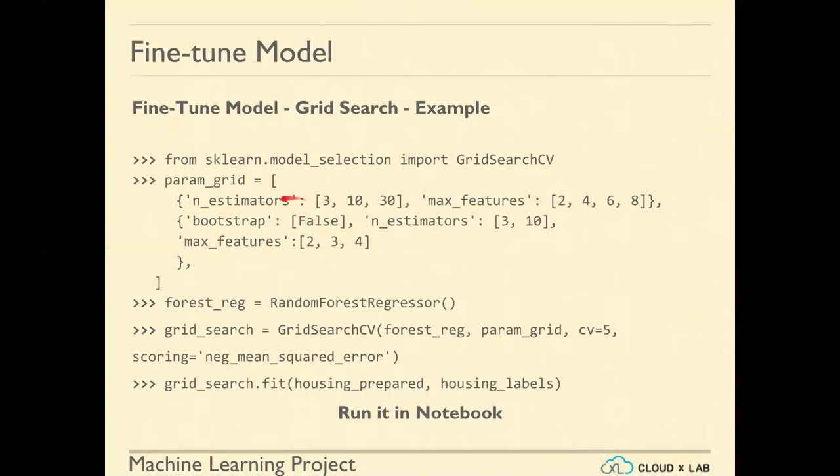In this set, it'll try all cross multiplication of this and this, as in first it'll try n_estimators equals 3 with max features say 2, then n_estimators 10 with max features 2, and so on. So basically it's a kind of brute force search, where instead of us trying manually, we are letting it do that.